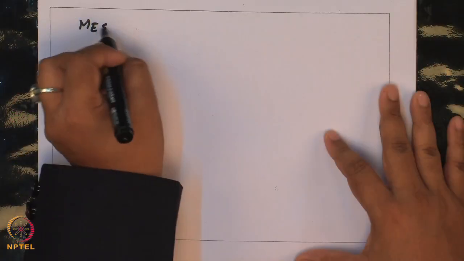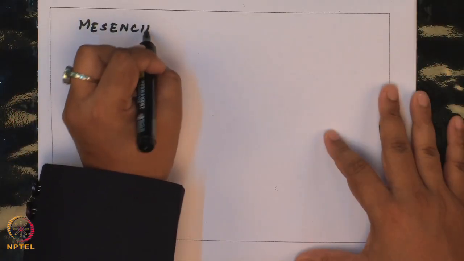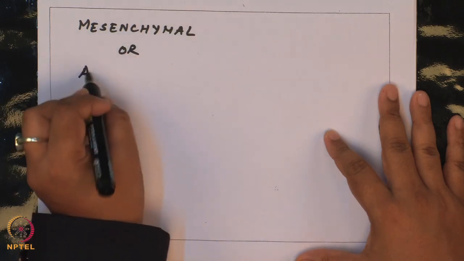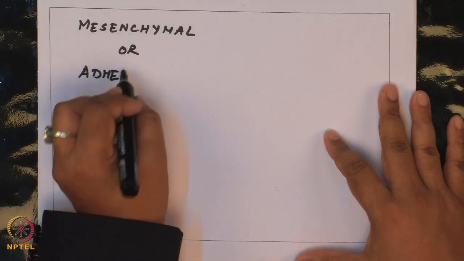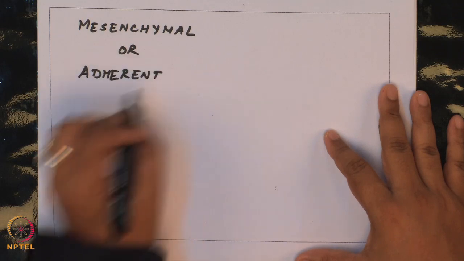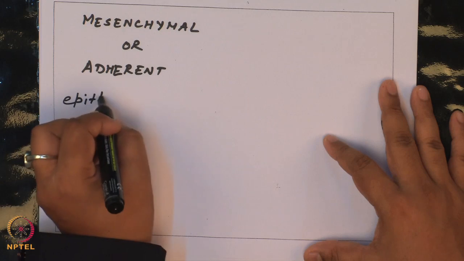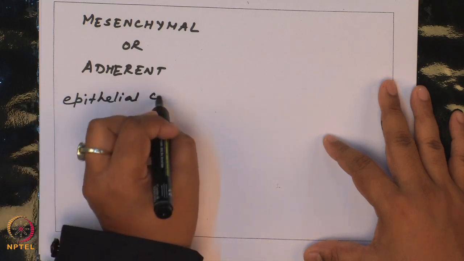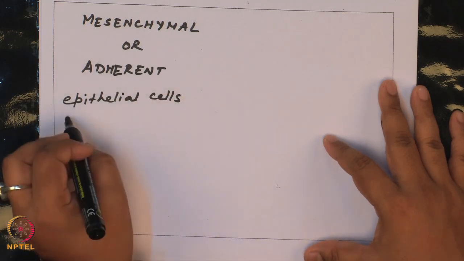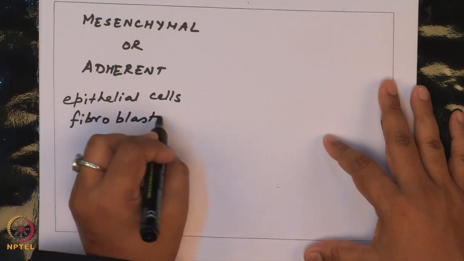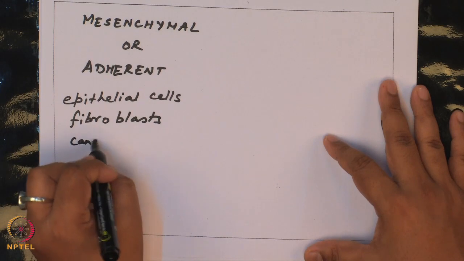Now, compared to mesenchymal migration, or adhesion dependent or adherent migration, this kind of migration is exhibited by epithelial cells, fibroblasts, cancer cells.